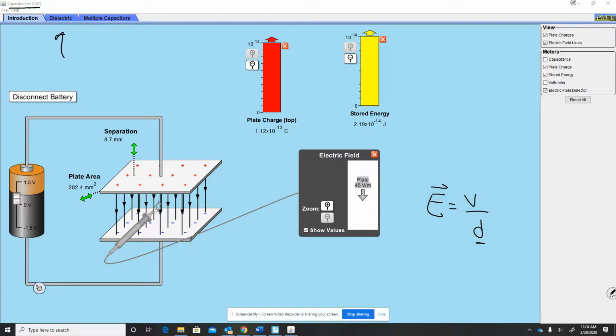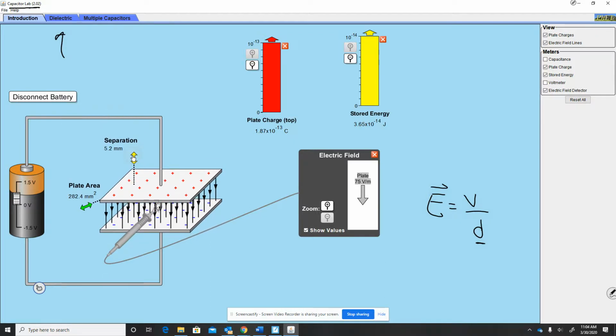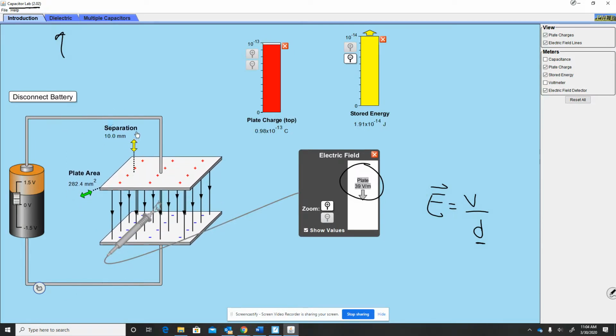So that's what I'm going to do here, this separation. If I move it closer together, we can see over here that my electric field is getting larger and larger, and if I move them apart, you can see it's getting less and less. That's the greatest distance that they let me fool around with on here. So just a visual for you again in terms of seeing the electric field, how it changes depending on the voltage between them and the distance apart.